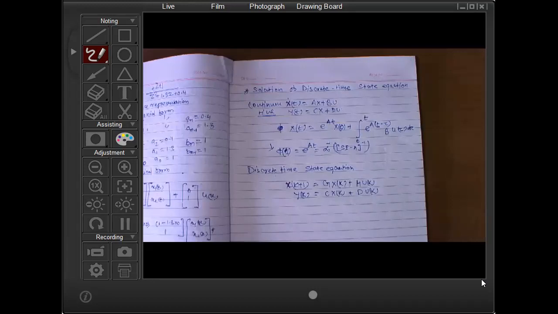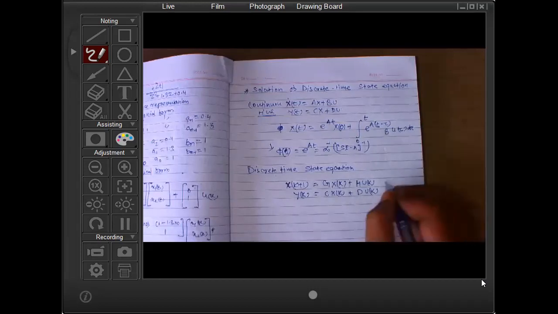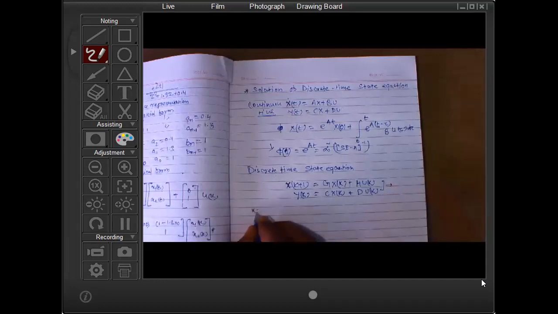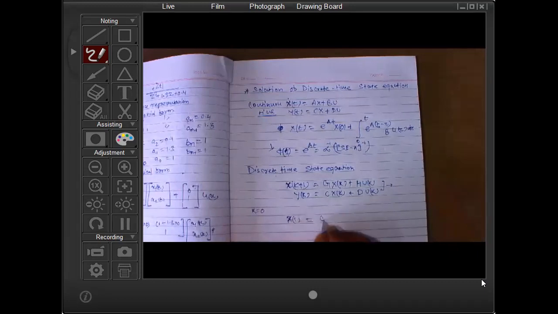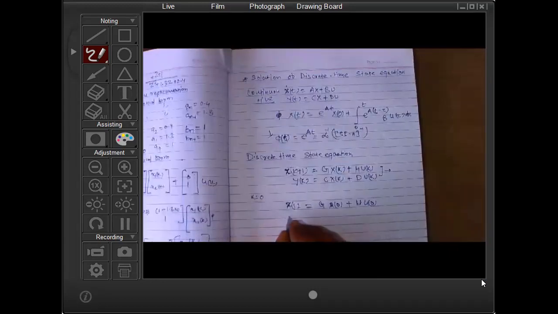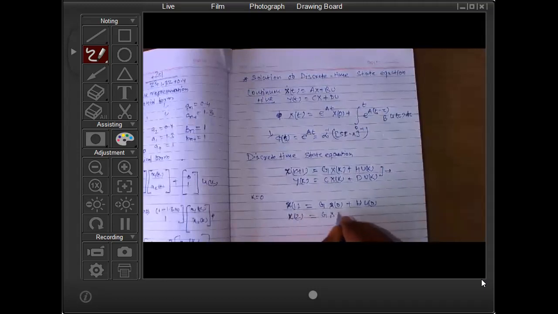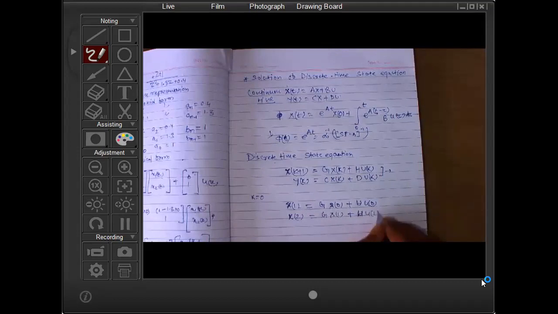For the solution of this state space of the discrete time system, first you put k is equal to 0. Then x(1) is equal to G x(0) plus H u(0), and if you put k is equal to 1, then x(2) is equal to G x(1) plus H u(1).